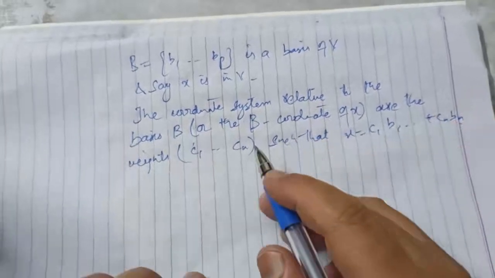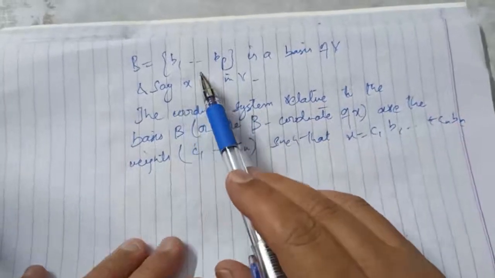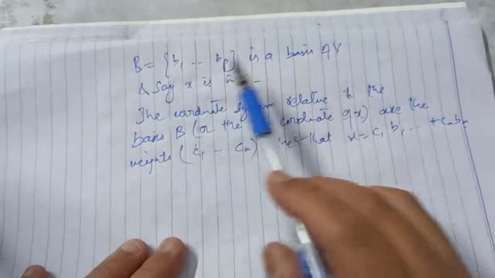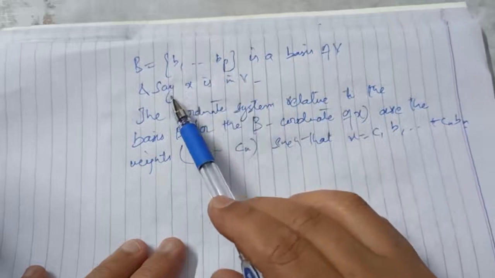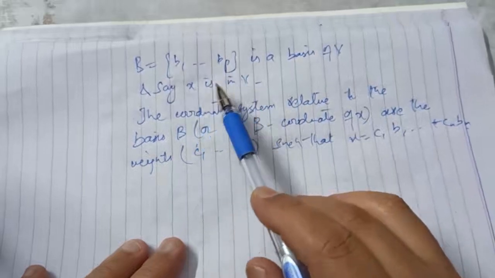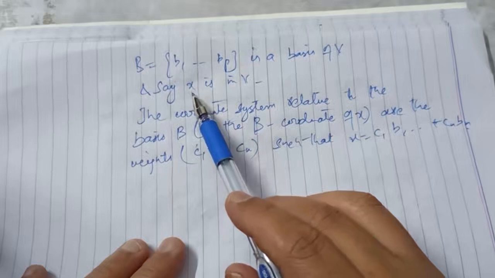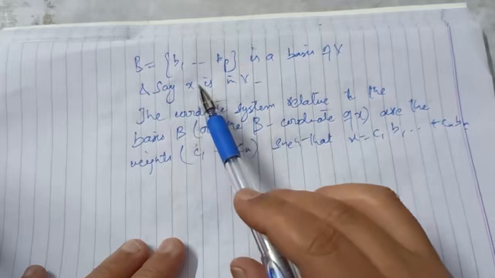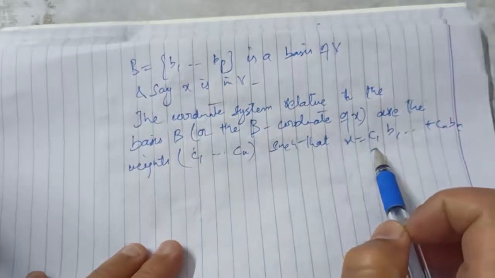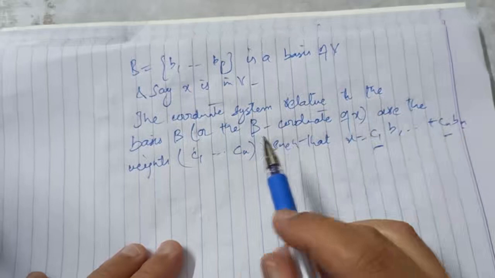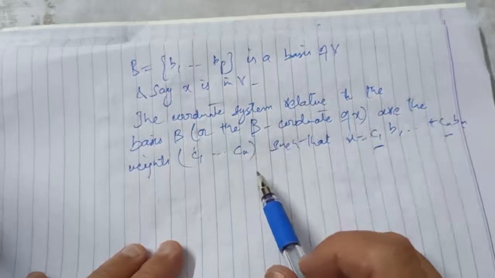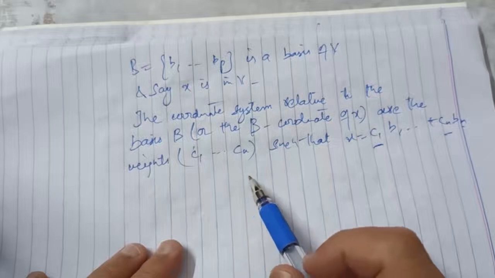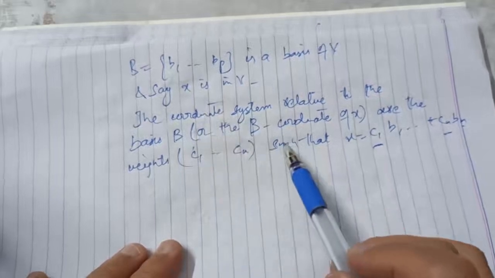So what does it really say? It says that if these are the set of basis vectors of the vector space, and of course they are linearly independent, then if there is a vector x in that vector space, we can define a new coordinate system in which the weights that we defined earlier are nothing but the scaling factors on those new coordinates.